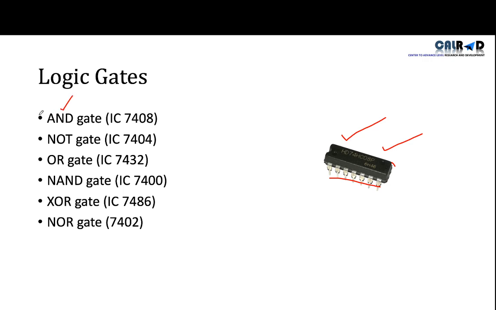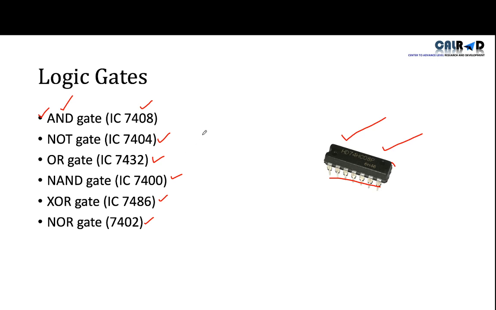For example, to implement an AND gate in our practical system, we will use IC 7408. For the NOT gate, we will use 7404, OR gate 7432, NAND gate 7400, XOR gate 7486 and NOR gate 7402.